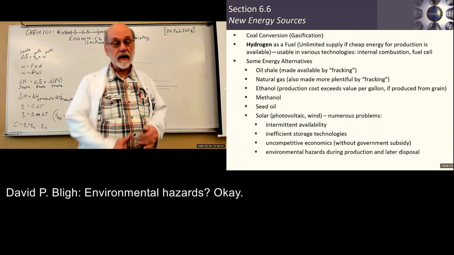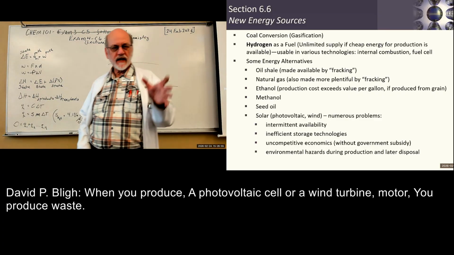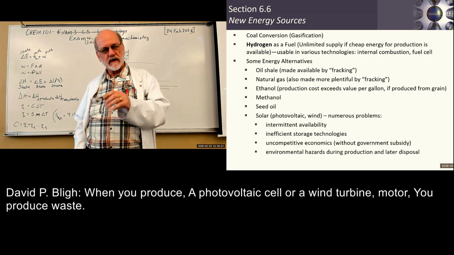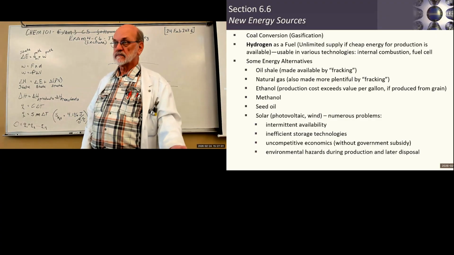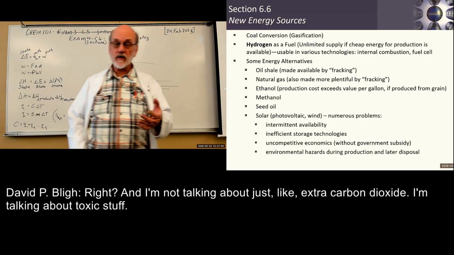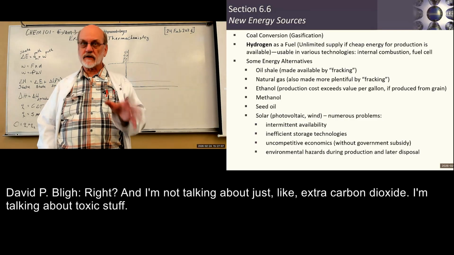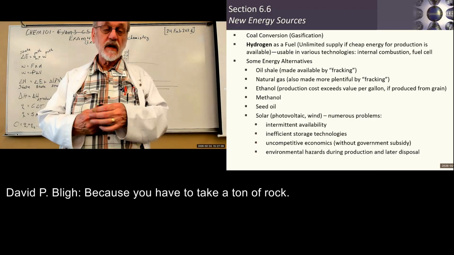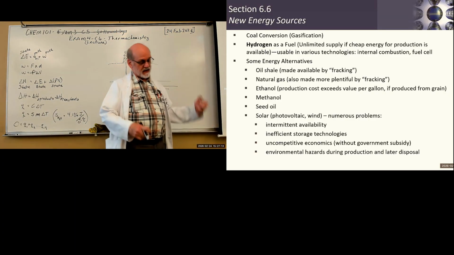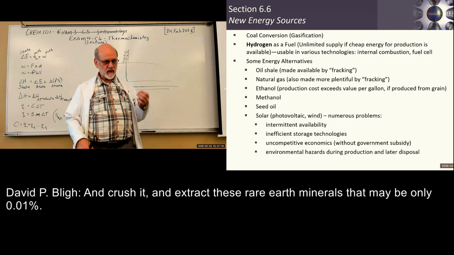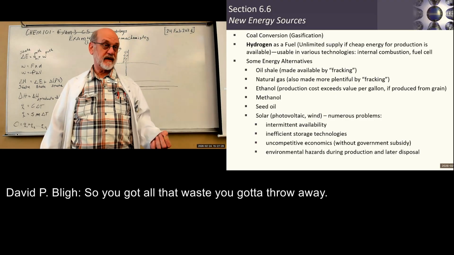Environmental hazards. Okay. When you produce a photovoltaic cell or a wind turbine motor, you produce waste, right? And I'm not talking about just extra carbon dioxide. I'm talking about toxic stuff, because you have to take a ton of rock and crush it and extract these rare earth minerals that may be only 0.01%.